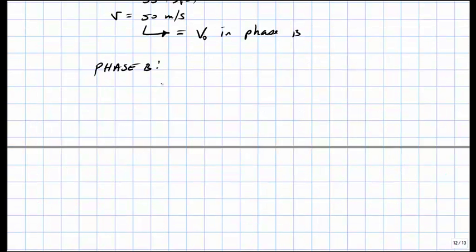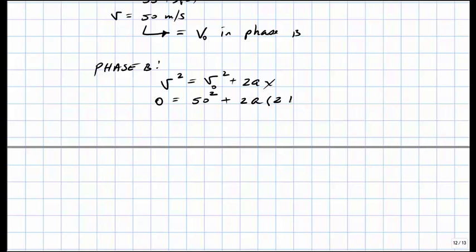Alright, so let's write it. It reads as v squared equals v0 squared plus 2ax. We know that the final velocity is 0. The initial velocity we just calculated is 50. The acceleration is unknown, and the distance in phase B is 246 meters. And so we obtain 0 equals 2,500 plus 492a.